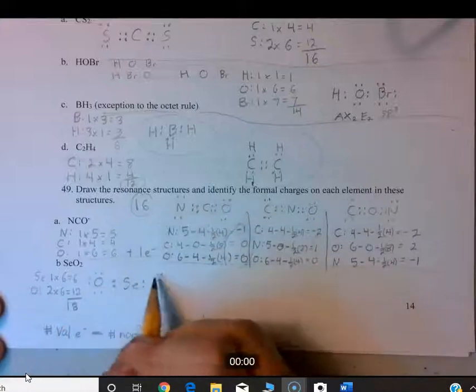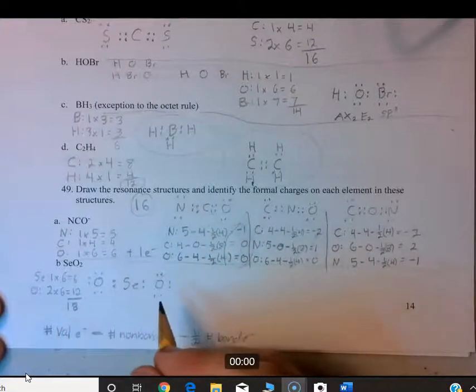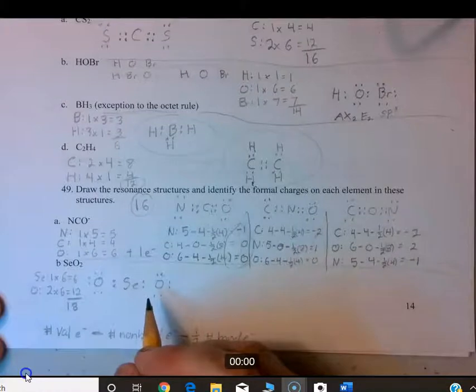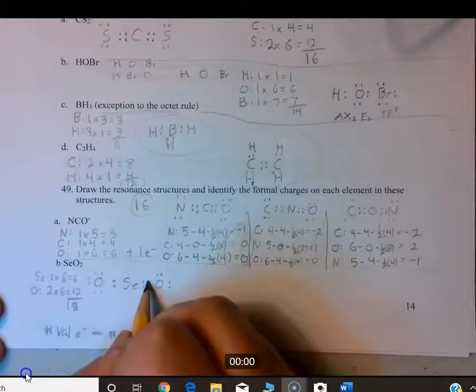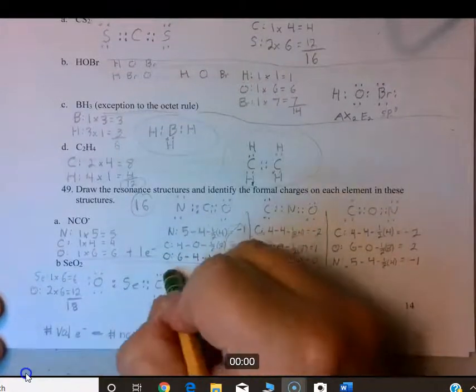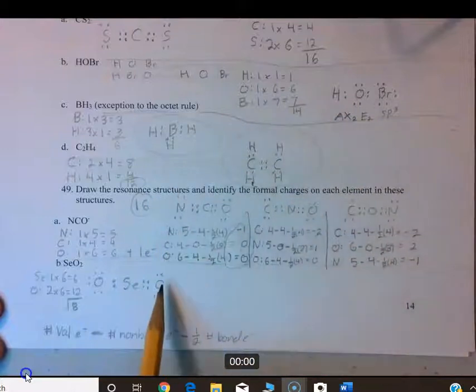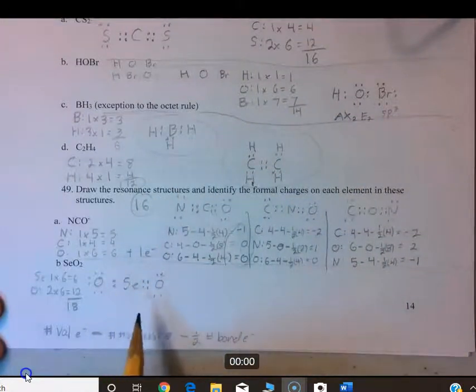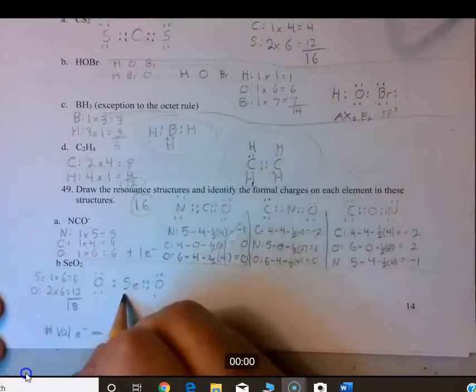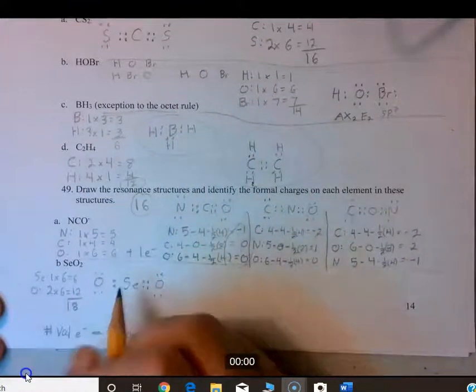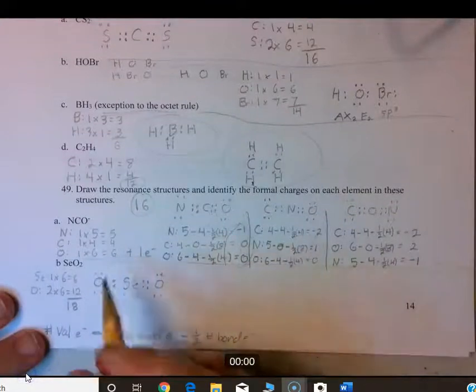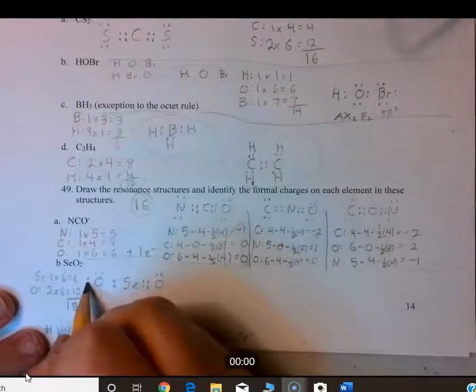Okay, so we now have 16 and 16. We need 2 more. I don't want to take that off of there.